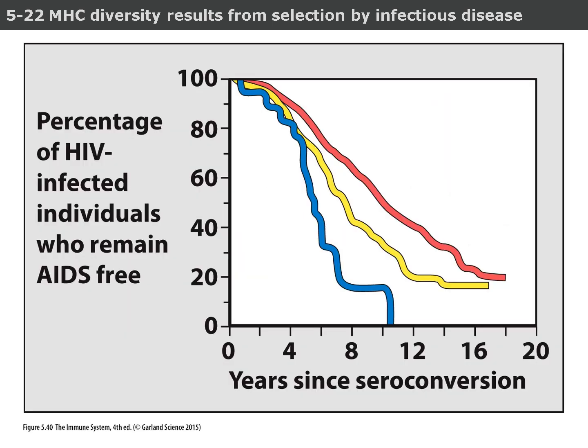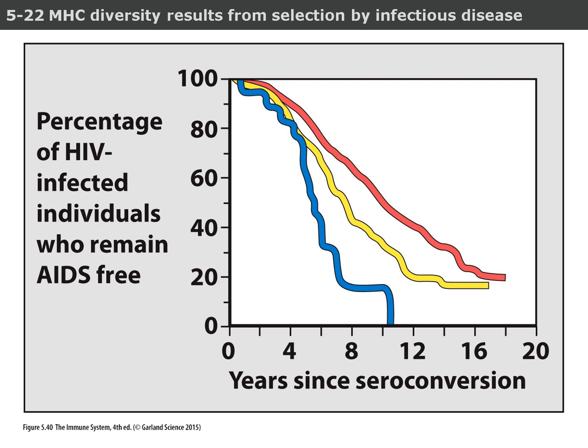This graph illustrates how MHC genotype influences the progression of HIV to AIDS over time. The y-axis shows the percentage of HIV-infected individuals who remain AIDS-free, while the x-axis measures the number of years since seroconversion, the point at which a person tests positive for HIV antibodies.